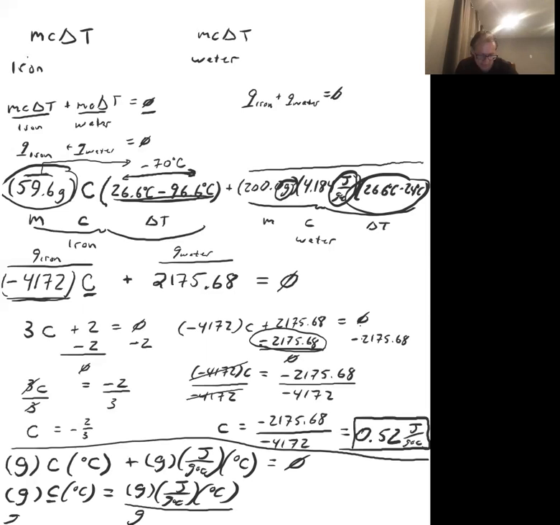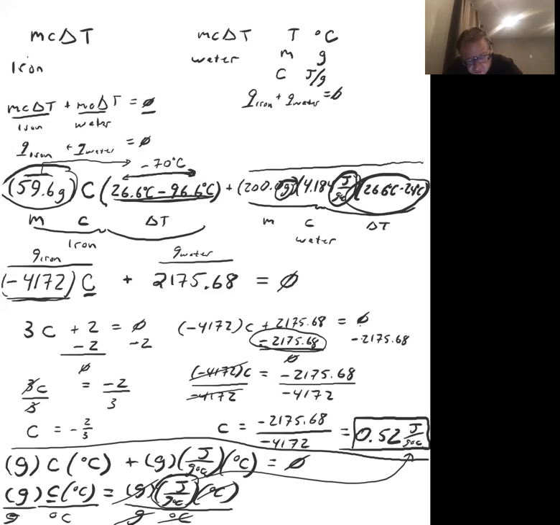Right, we divide both sides by grams and divide both sides by degrees C. And so the grams will cancel, the degrees C will cancel, and you'll be left with joules per gram degrees C, okay? So temperature is typically in degrees C. Mass is typically in grams. And then the specific heat capacity is typically in joules per gram degrees C. Those are the units that you'll see for these types of problems, okay?